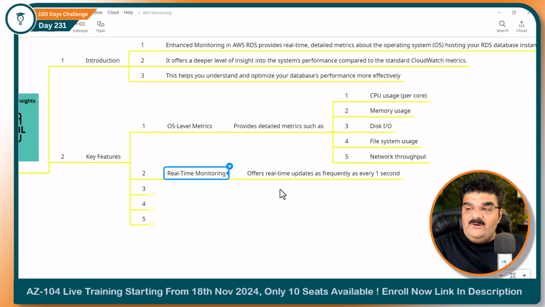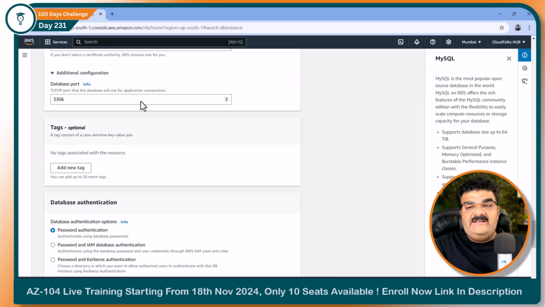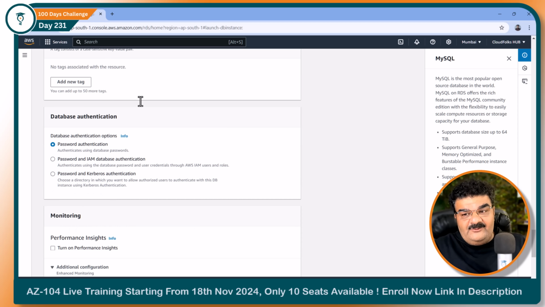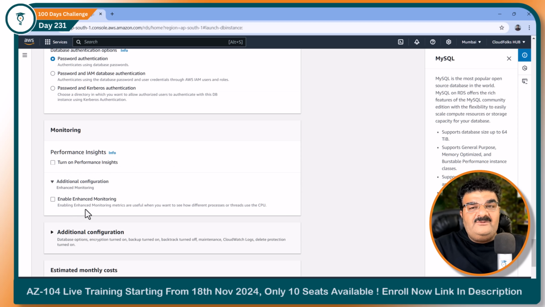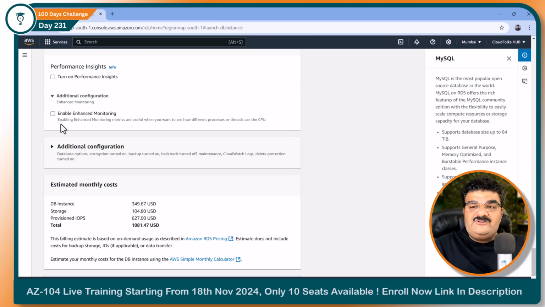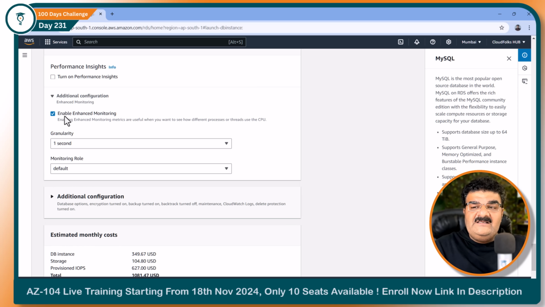Real-time monitoring offers real-time updates as frequently as every 1 second. If you go to your database, here I am creating a new RDS database, and I have this toggle button. I can enable this feature or disable it, it is up to me. Whenever I enable this, it is enabling Enhanced Monitoring.